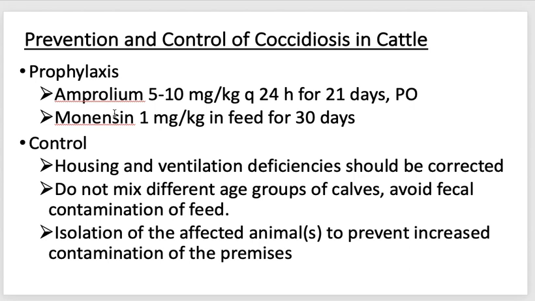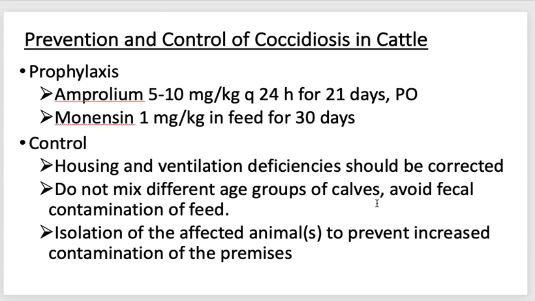And the control of the disease: make sure that you increase ventilation at the place where the animals are living, and also housing. Housing should be placed in such a way that you allow good hygiene and also good ventilation in that particular area. Do not mix different ages of calves. So remember, we said calves are the source of the disease.